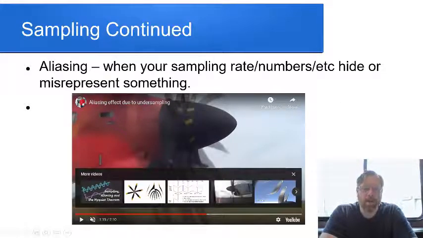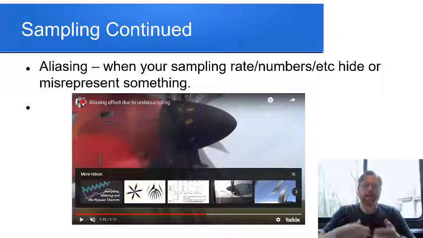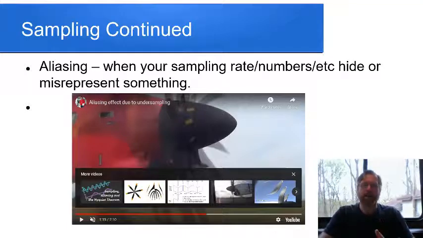So yeah, that can happen with your tests and your data if things are not set up right. It's more common in things where you've got some sort of continuous sampling going on.